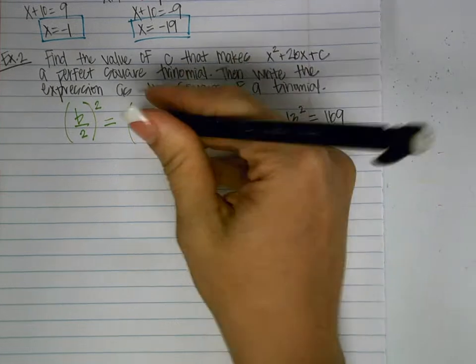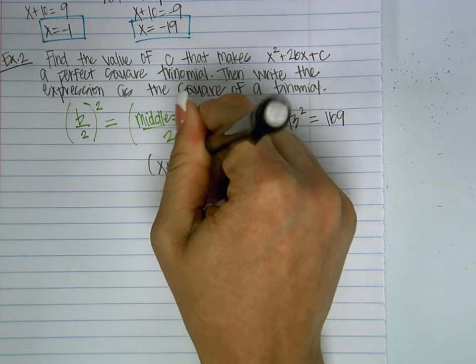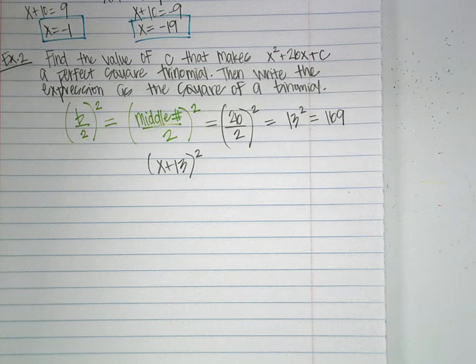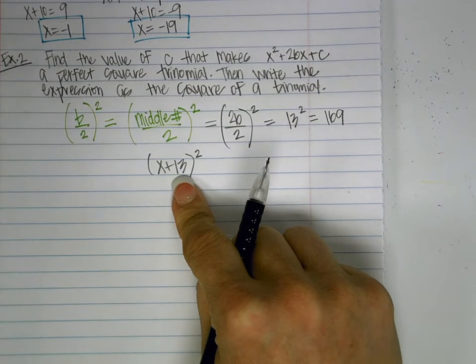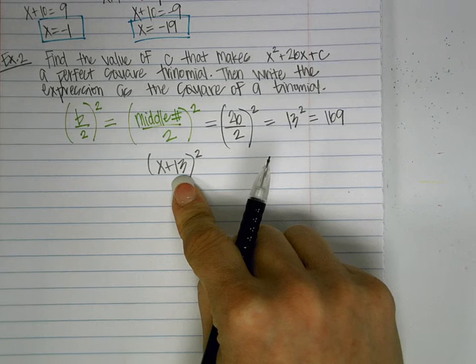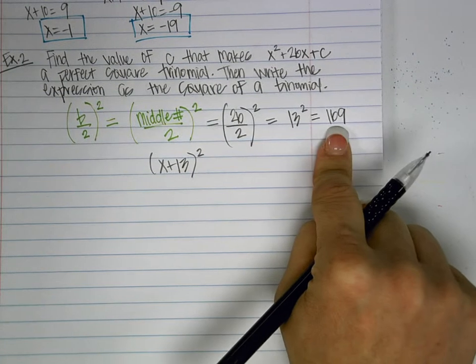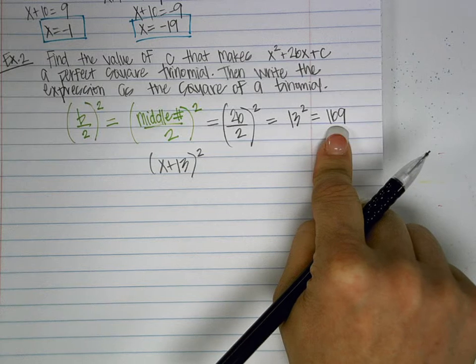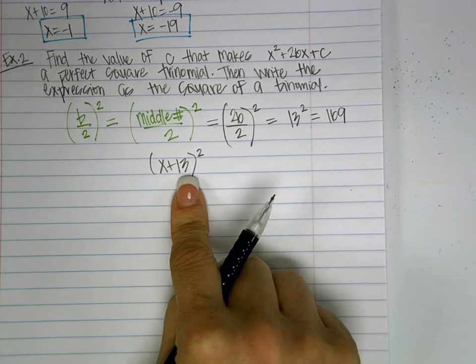If I want to write this factored, this is x plus 13 quantity squared. That middle number divided by 2 is always inside your perfect square. This question was asking you to find the value of c, so your c value is 169. And if I want you to write the expression as the square of a binomial, that's how I want you to write it.